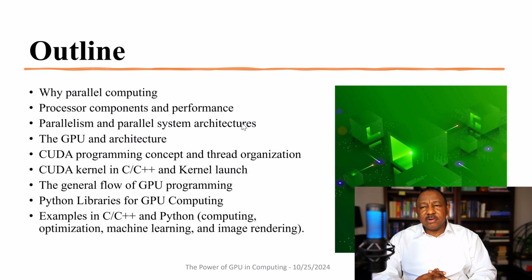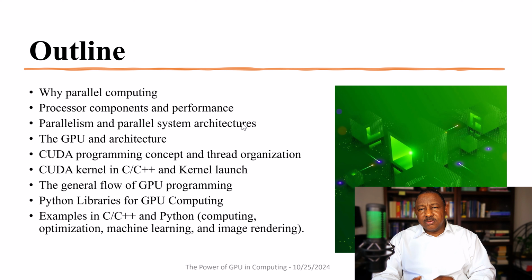Then we will talk about parallelism and parallel system architecture in general, because there are many parallel system architectures. Knowing them is very important and will help you choose which architecture works for your problem. And then we will talk about the GPU, or graphical processing unit, and its architecture.